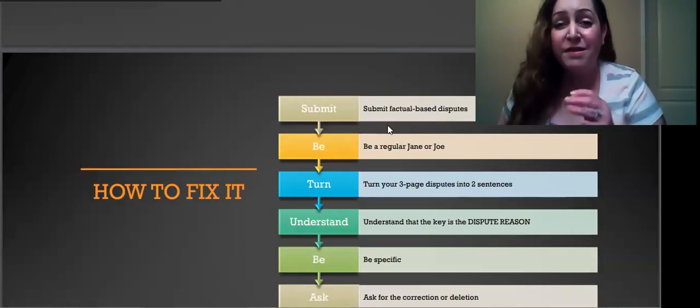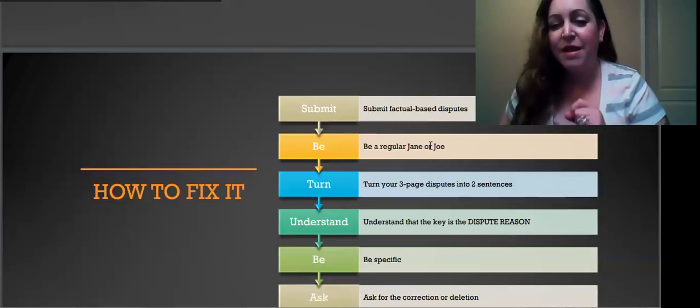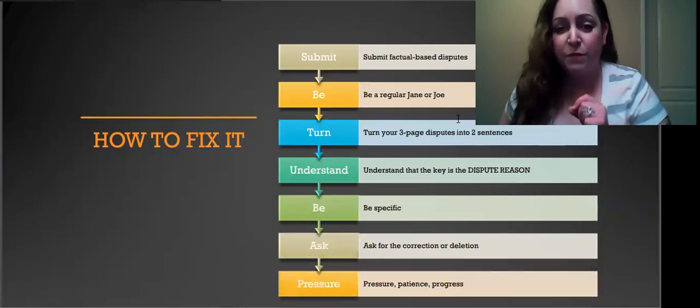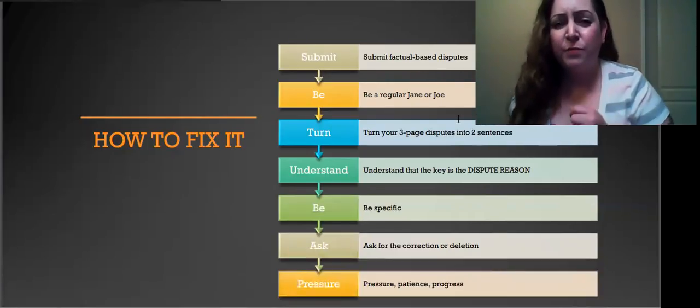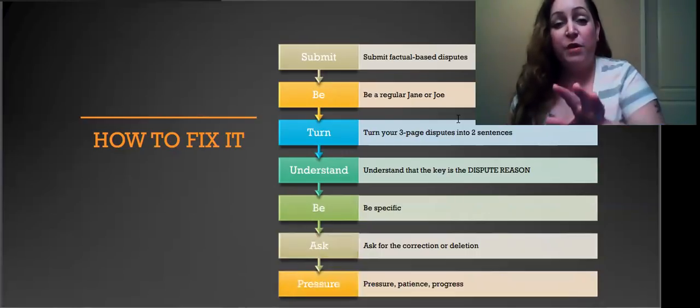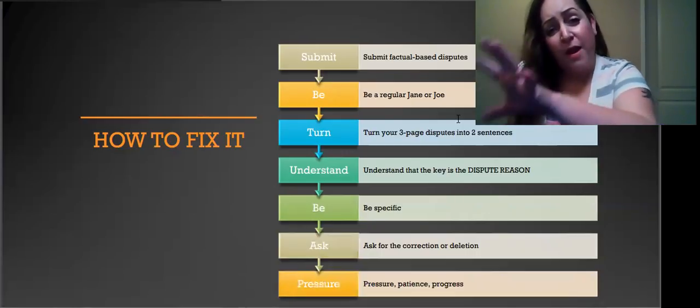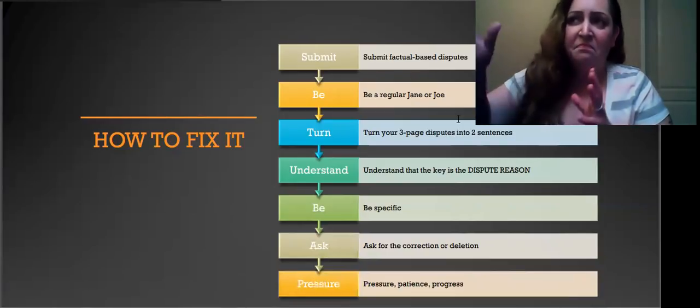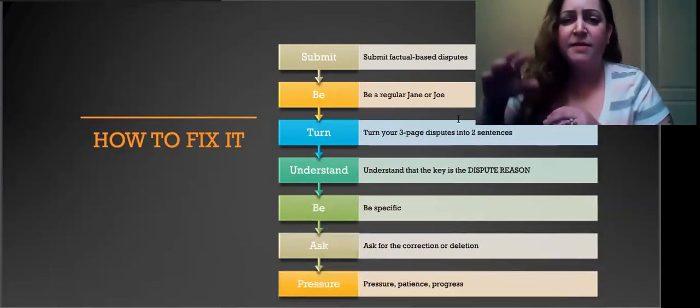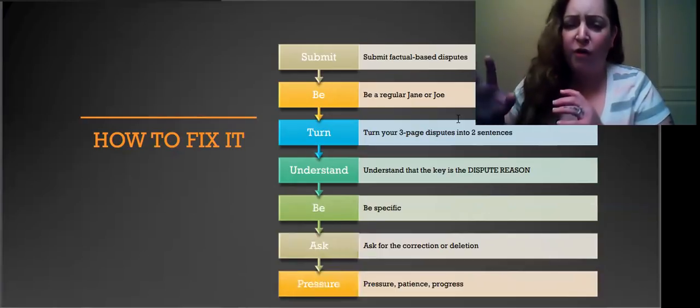Well, first, the most important thing, besides not using templates, of course, is to submit factual-based disputes, okay? What's a factual-based dispute? Do you know? It's when you have your credit report right in front of you and, let's just say it's a charge-off, and it's got a monthly payment of $100.